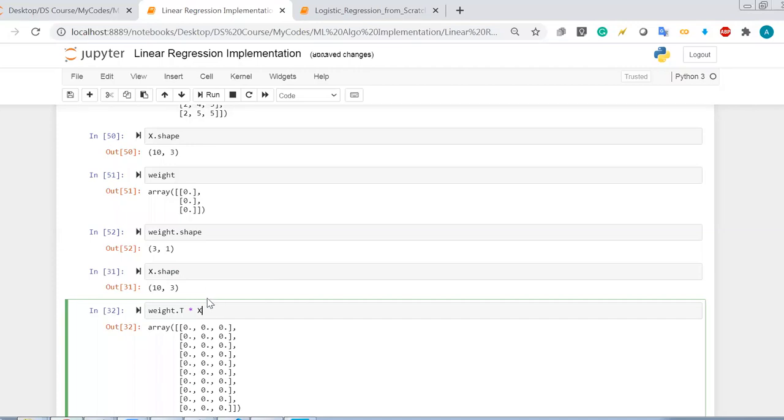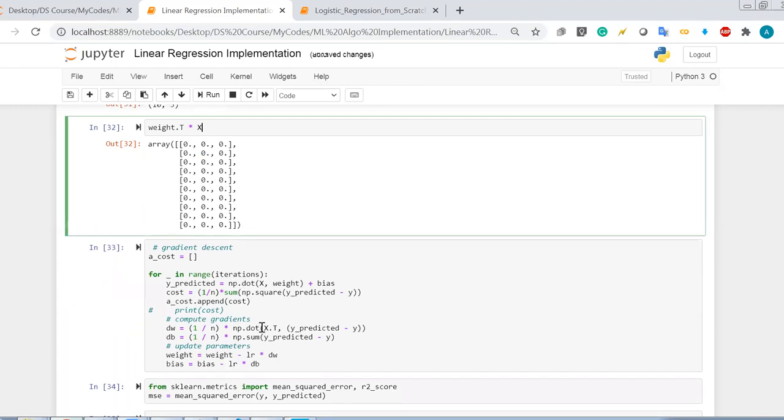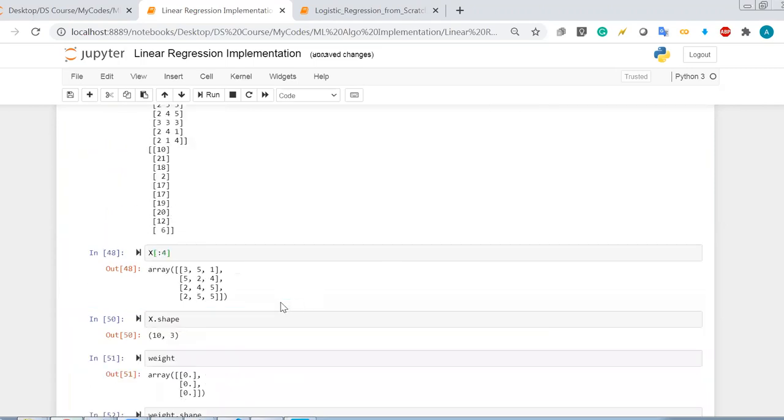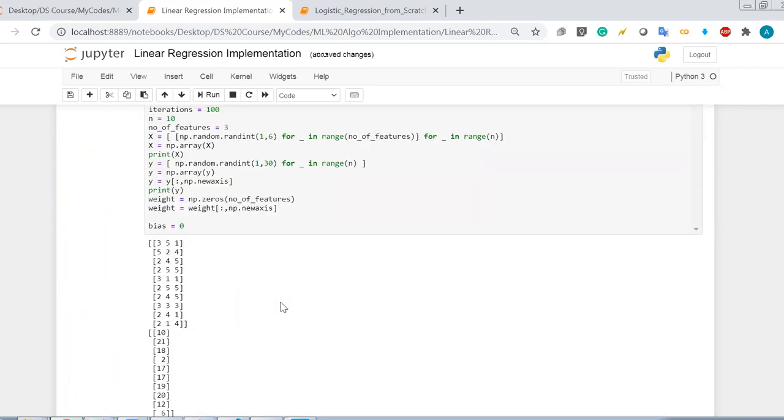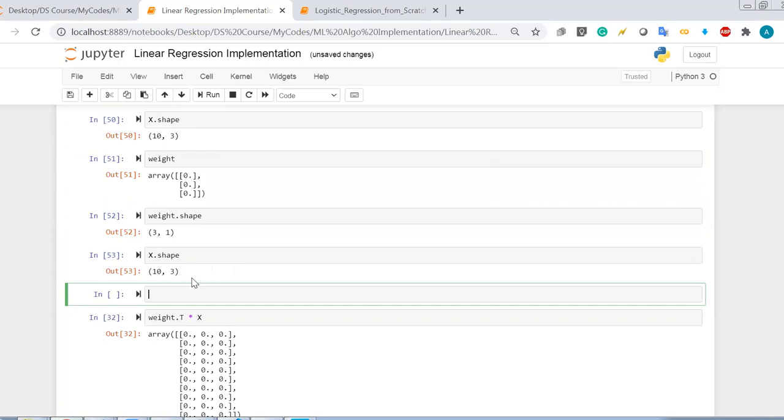Just give me one second, I'll try to think about what is happening over here. Let's see the shape of this. What will this transpose do?